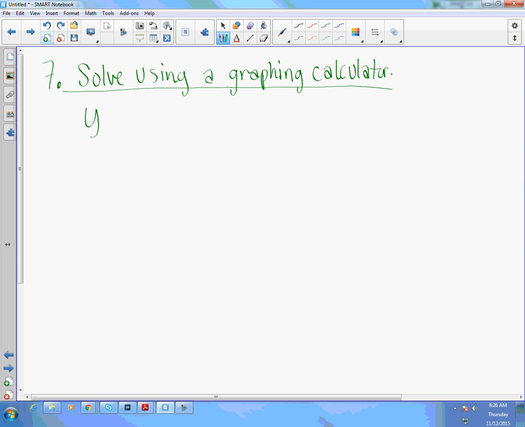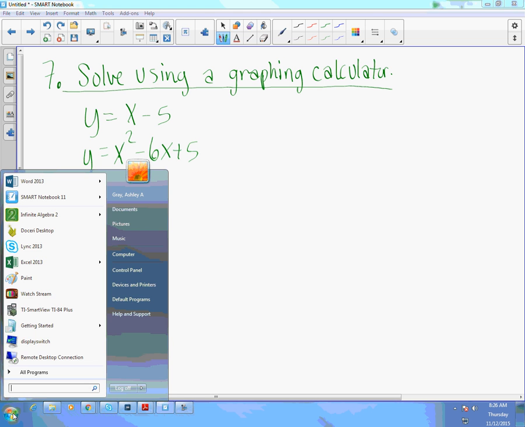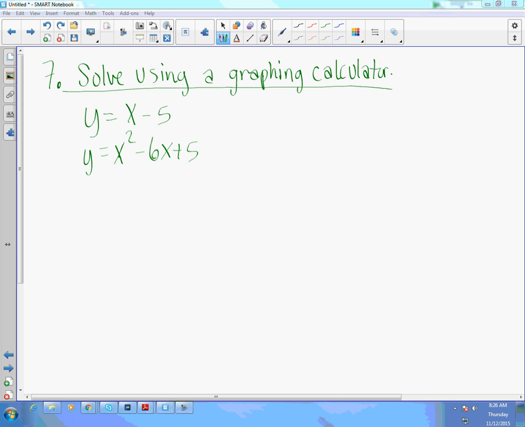And then write down number 7. Okay, look at that calculator. This is super easy, as long as you know how to use your calculator.